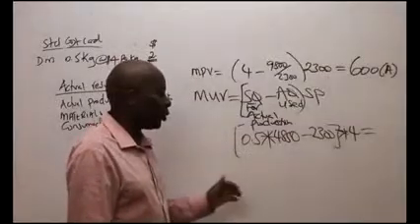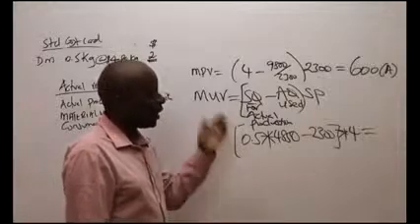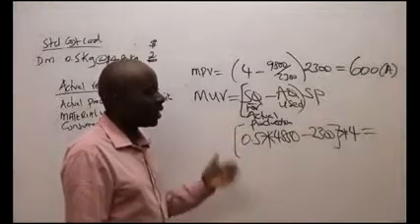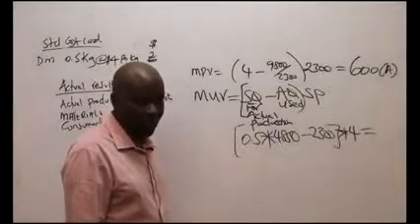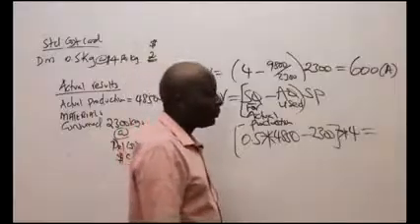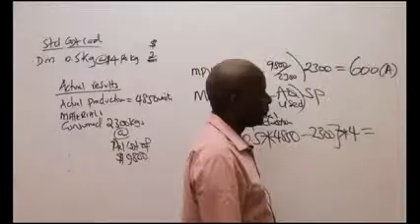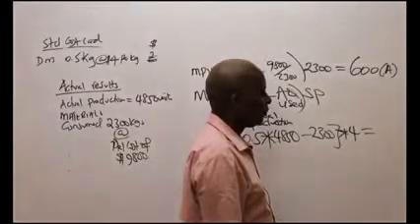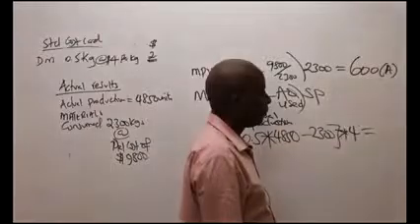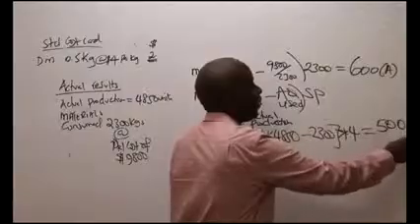So what you do, you get your calculator, you say open bracket, 0.5 times 4,850 minus 2,300, close, times 4, please give us a figure. 500 favorable.